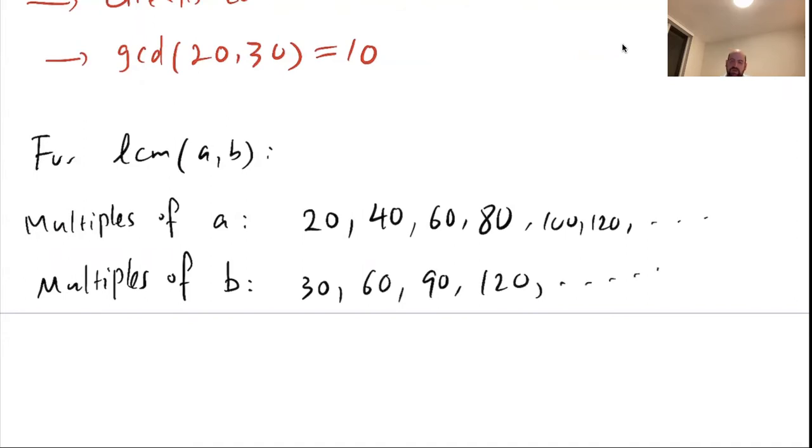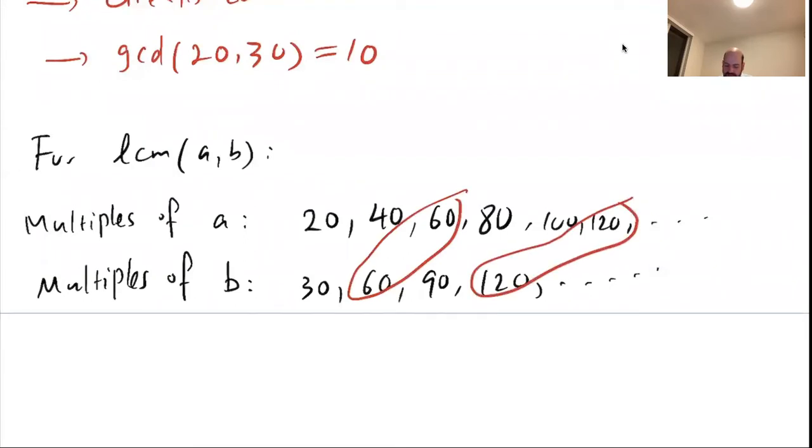Then we need to look at the common multiples. Remember, we're looking for least common multiple. So common multiple, 60 is a common multiple. 120 is a common multiple. And so on.